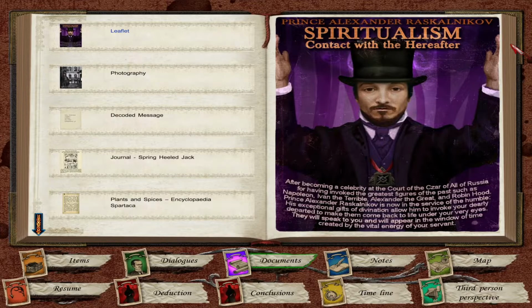Prince Alexander Raskolnikov is now in the service of the humble. His exceptional gifts of divination allow him to invoke your dearly departed to make them come back to life under your very eyes. They will speak to you and will appear in the window of time created by the vital energy of your servant.